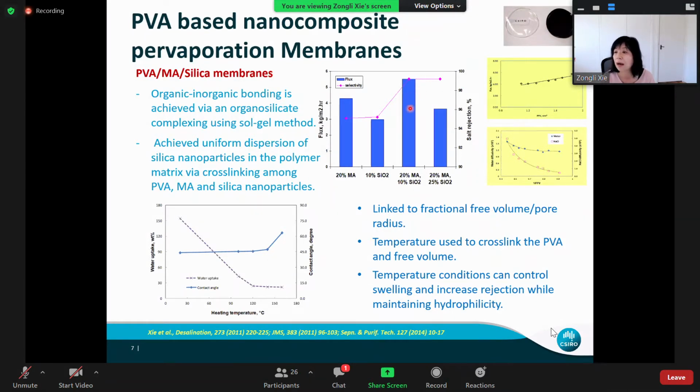One of the reasons is that by tuning the silica nanoparticle formation, we are able to improve the fractional free volume of the dense membrane. And we control the heat treatment, the temperature and the time, during the membrane making process. We are able to optimize the membrane to maintain the hydrophilic property.